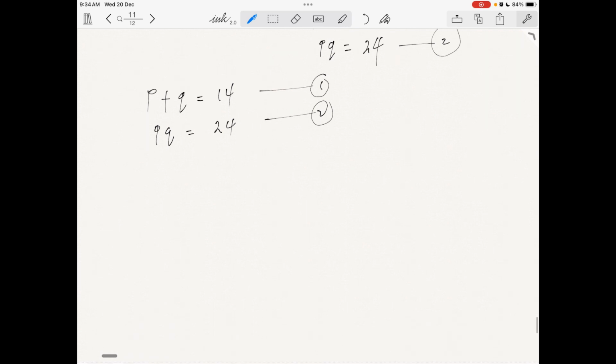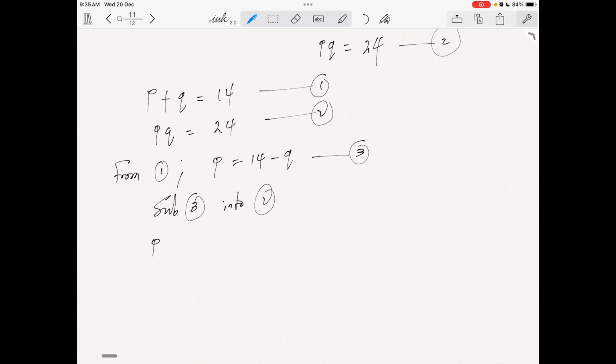So in that scenario, from equation 1 by substitution, p is 14 minus q. We can call this equation 3. So we substitute equation 3 into equation 2. So pq equals 24, and since p is 14 minus q, multiplied by q equals 24.